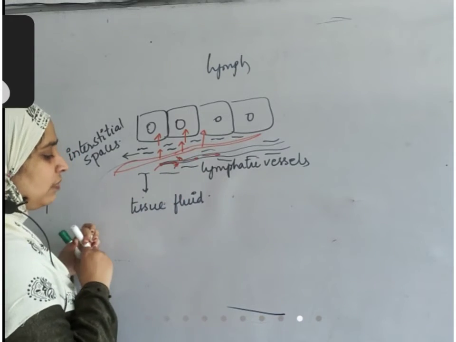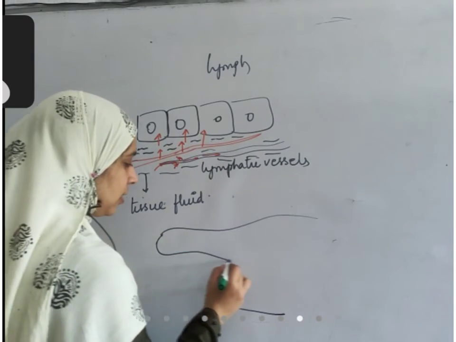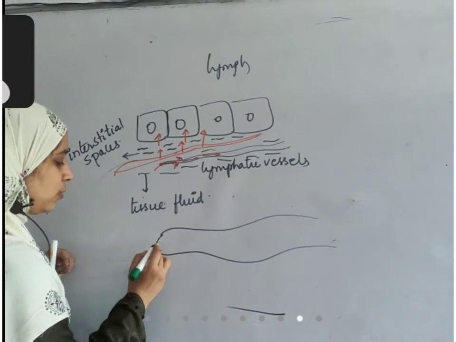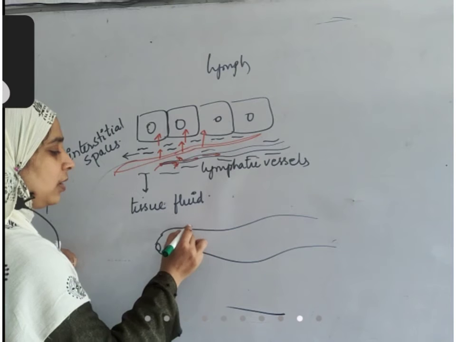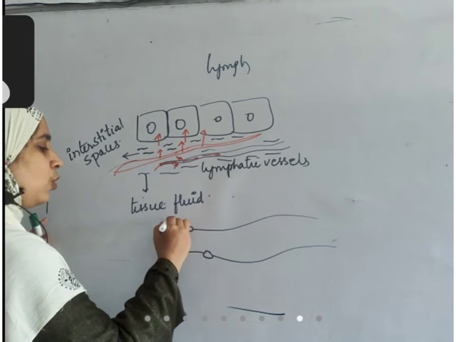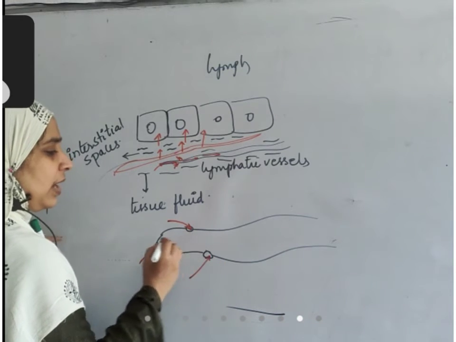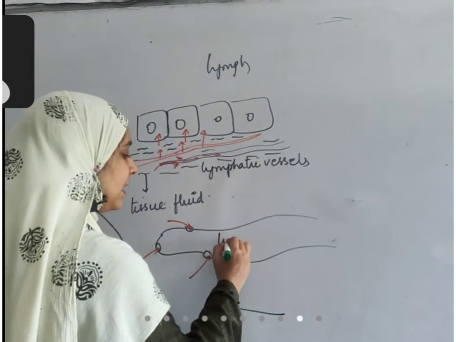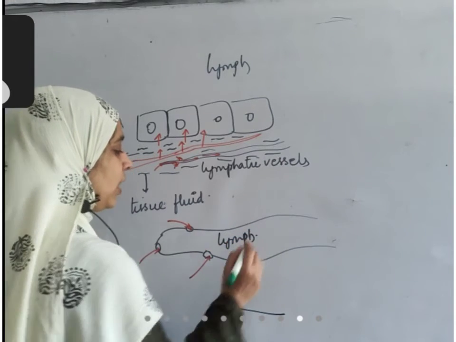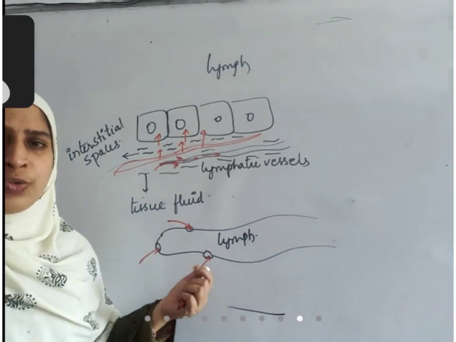If the lymphatic vessel is like this, here there is a small hole, here there is a small hole. In the beginning of this lymphatic vessel, holes are there, and tissue fluid will enter into this, and now it is called lymph. As long as it is out of the tissue, it is called tissue fluid.